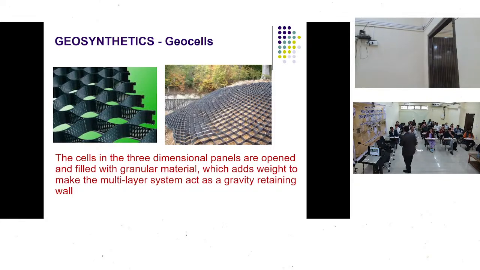So if you have an aggregate of rock, gravelly material, if it is confined, that confining will give it strength equal to maybe its crushing strength. That much load it can take. So the same idea was used to develop these geosynthetics.